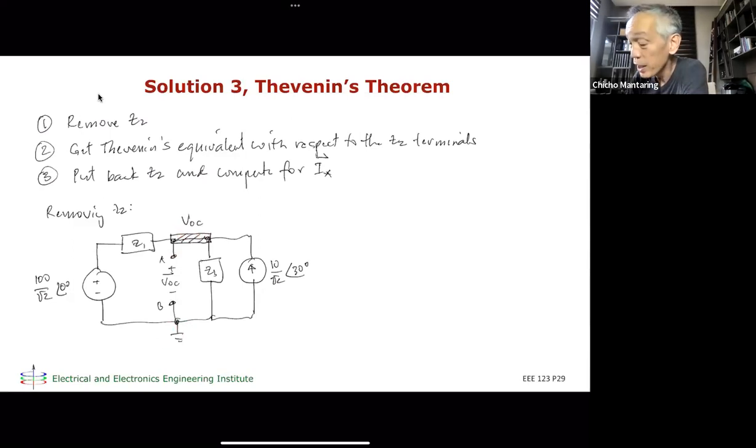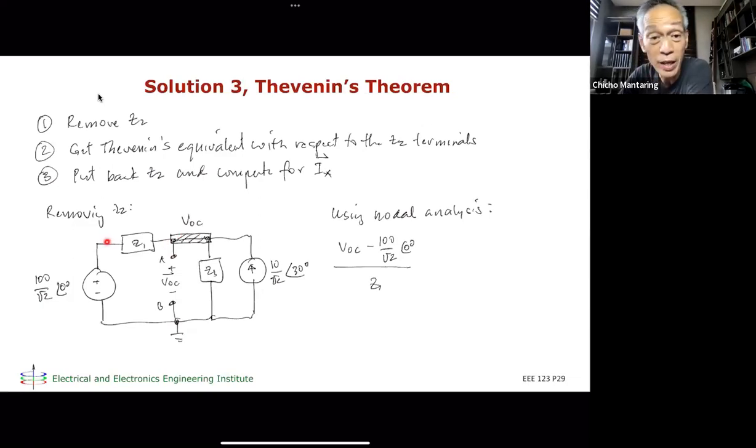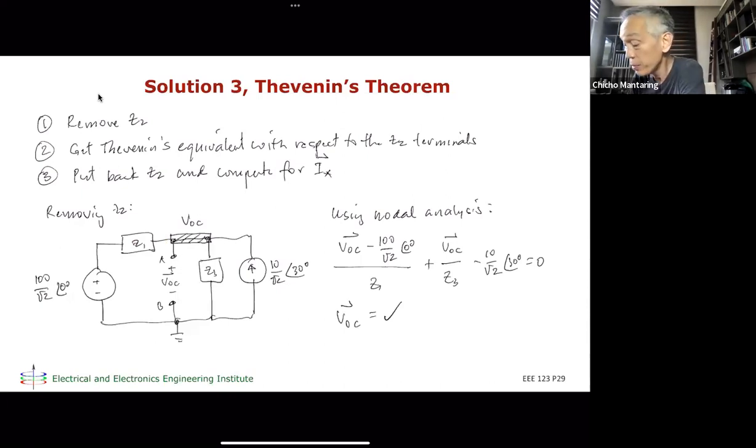So using nodal analysis, VOC minus 100 over the square root of 2 at an angle 0 degrees divided by Z1, that's the current moving toward the left here, plus VOC, by the way this is a phasor, over Z3 minus 10 over the square root of 2 at an angle 30 degrees equals 0. So I can now solve for VOC. So this is my Thevenin voltage.